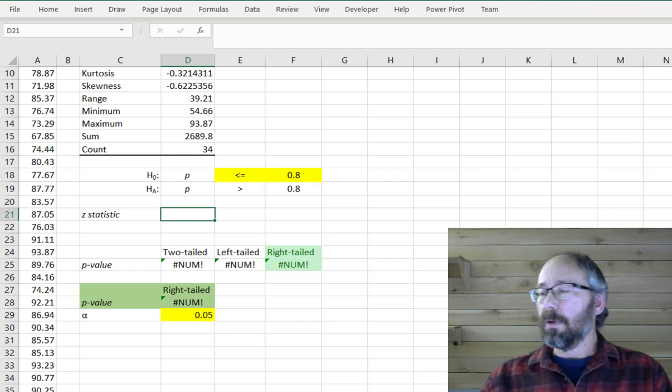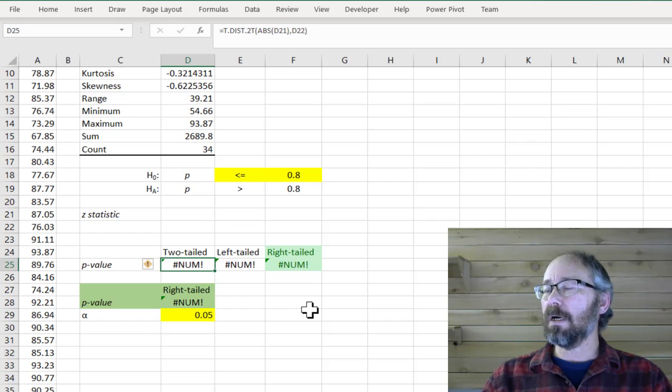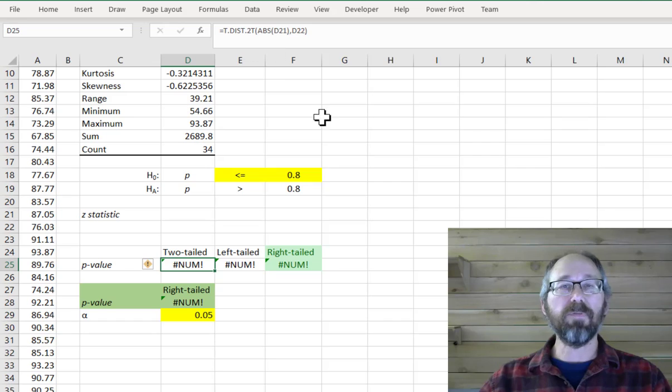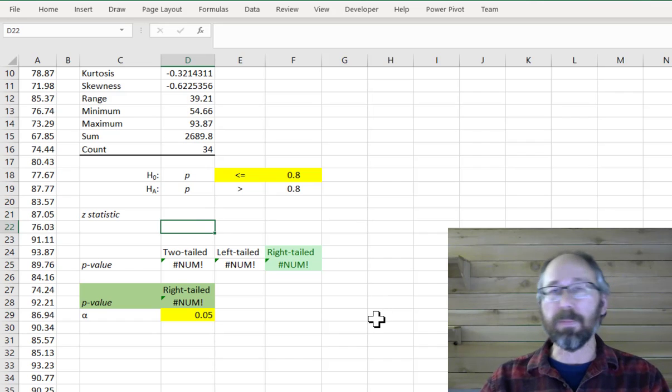When you copied your mean worksheet over to your proportion worksheet and began to make the modifications, you would see this number error here. And that's because as we copied it over, we have the T.DIST function in there, and it's pointing at both D21 and D22. Of course, neither of them have any values in them at this time, and we're not going to put a value in D22.